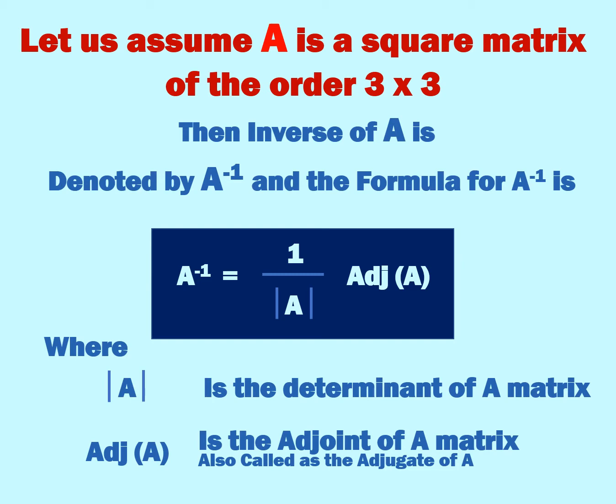So we have two steps in our calculations to find the inverse of A. Step 1 is to find the determinant of A matrix and step 2 is to find the adjoint of A matrix. Right. We are now going to look at these two steps separately.